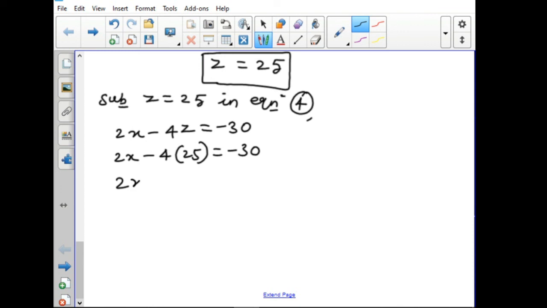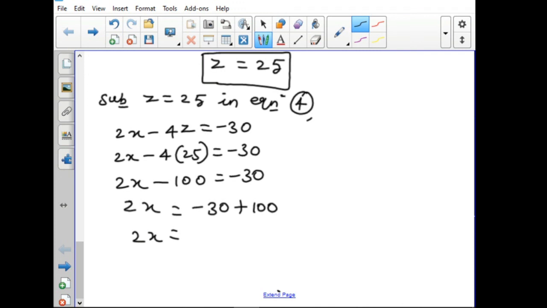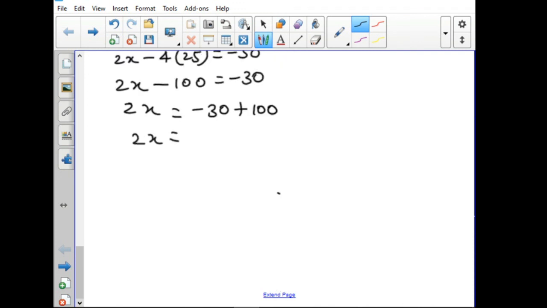So 2x, 4 into 25 is 100, equal to minus 30. So 2x equal to minus 30 minus 100, it will come as plus 100. So 2x equal to minus 30 plus 100, which is plus 70. So x equal to 70 by 2. So x equal to 35.